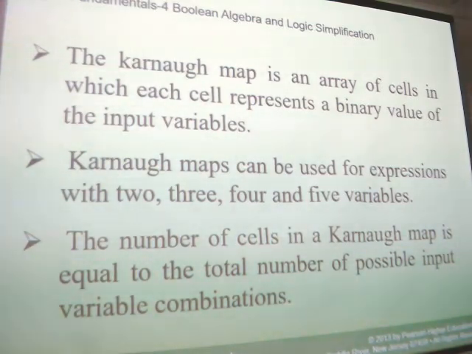For example, if there are two variables, then the number of cells is 4. If there are 3 variables, the number of cells is 8. If the number of variables is 4, then the number of cells is 2 power 4, 16.